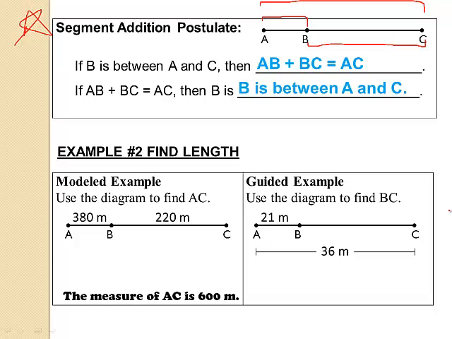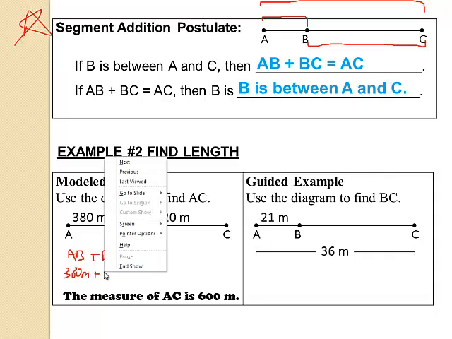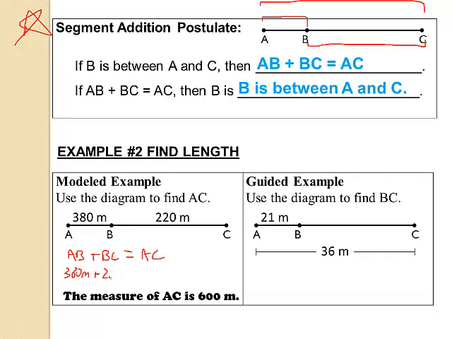So here's our easy example. And you take AB's length plus BC's length and set it equal to AC's entire length. And we use something called substitution. AB's length becomes 380 meters plus BC's length, which becomes 220 meters.